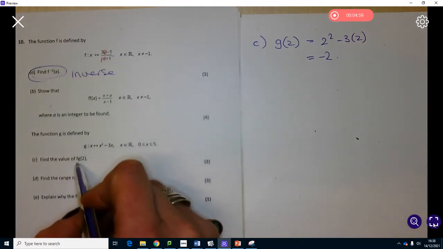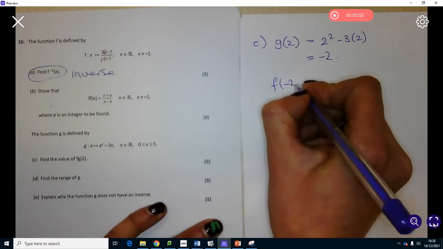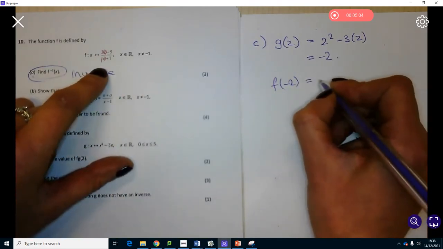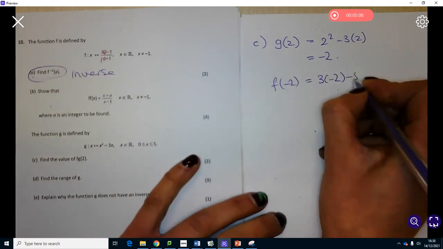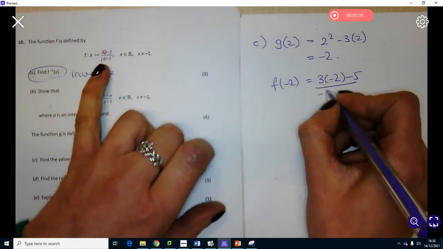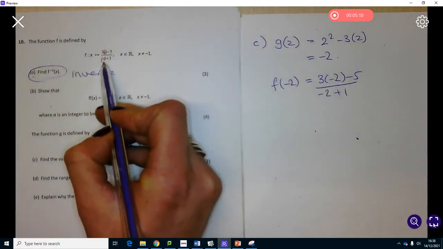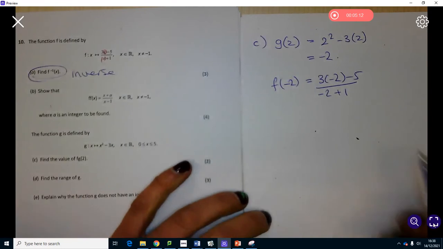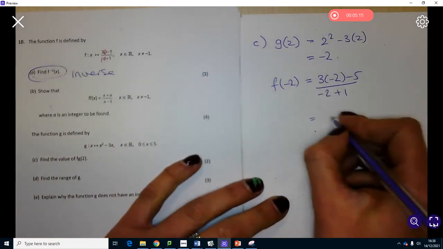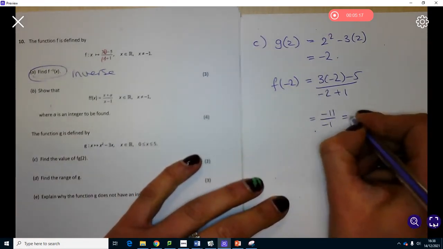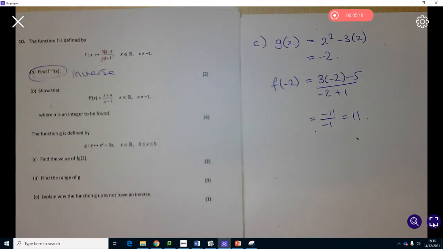And then I can substitute that into f. So I now want f of negative 2. So 3 times negative 2 take away 5 divided by negative 2 add 1. I'm just substituting negative 2 in for x here. So that's negative 11 divided by negative 1, which is 11.